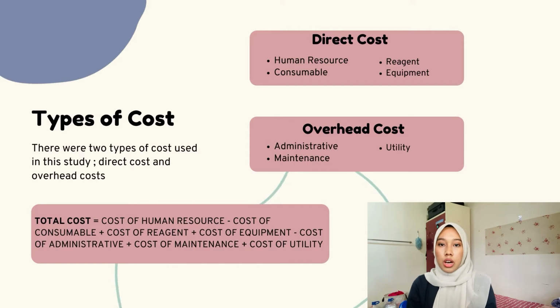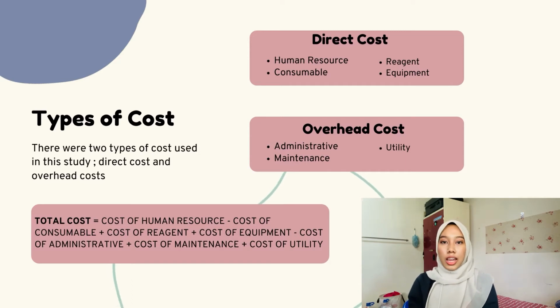Consumable is the cost of all consumables used during the diagnostic laboratory services, such as plain tube, slide, and petri dish, while reagent is the cost of all material reagent used during the testing laboratory diagnostic. Equipment is the cost of the equipment used in the performance of diagnostic laboratory services, including the purchase of equipment and also the cost of depreciation.